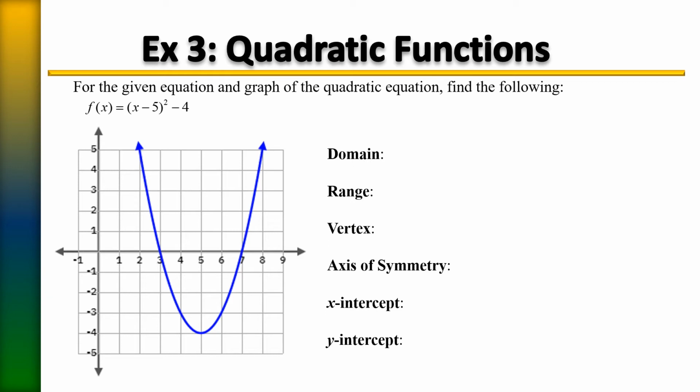And the fact that we have arrows on both ends of our graph means that it is going to go forever and ever to the left and forever and ever to the right. So therefore, the domain then would be from -infinity to +infinity.